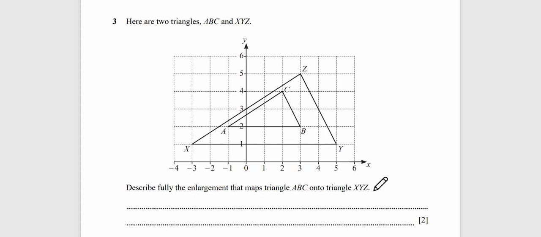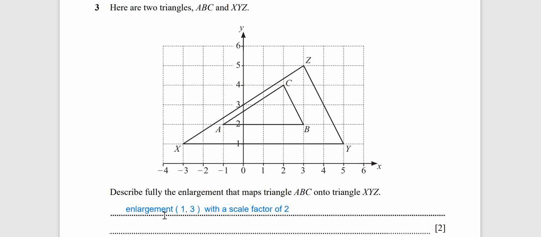Now you'll be given 10 seconds from now to reveal your answer if you have printed it out. 10, 9, 8, 7, 6, 5, 4, 3, 2, 1. Let's open up the answer. Well, it's an enlargement with a scale factor of 2.